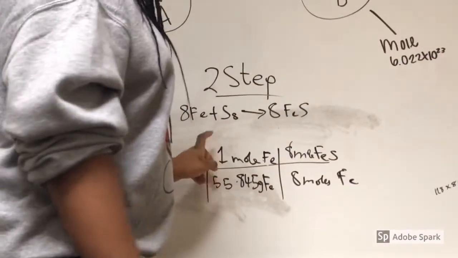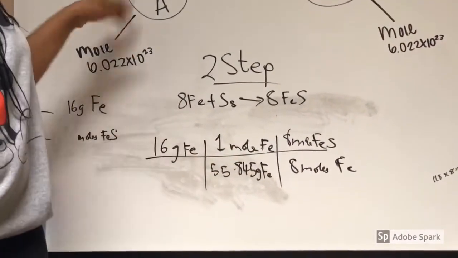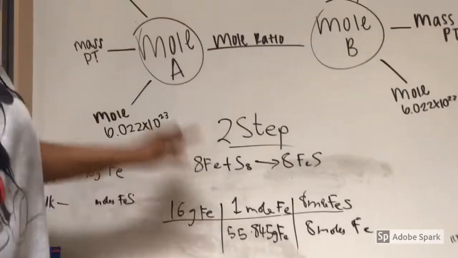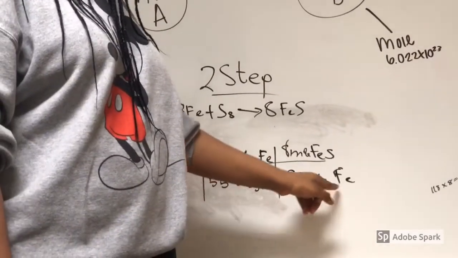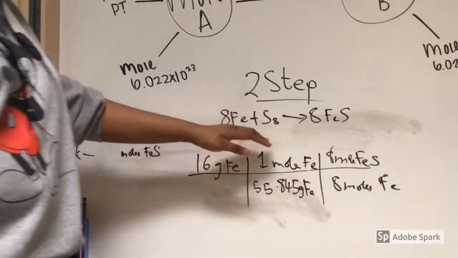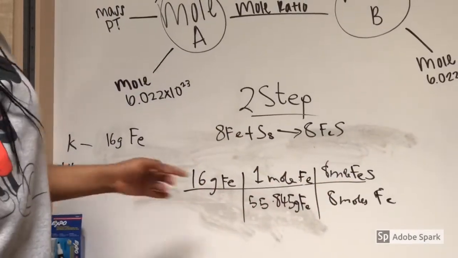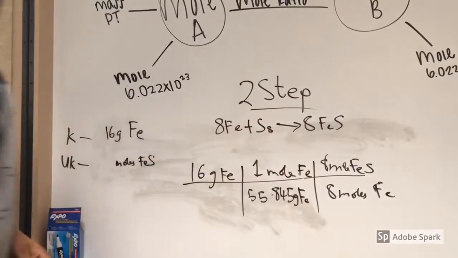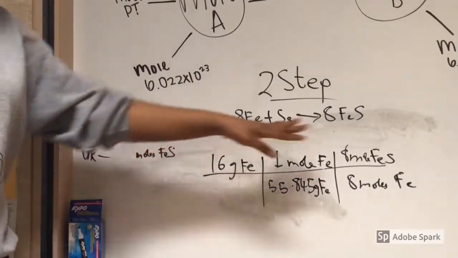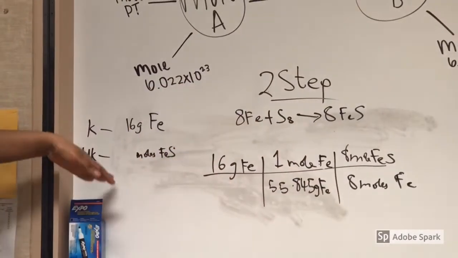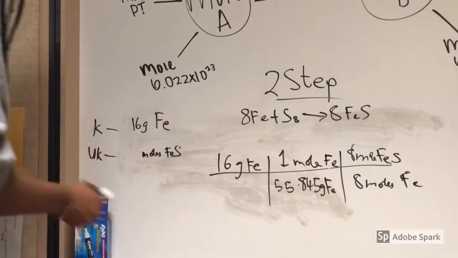On top of that is going to be 1 mole of Fe, because from grams you go straight to moles. Across from that is going to be 8 moles of Fe, which we get from the equation. And on top of that is going to be 8 moles of FeS, which is our unknown, and we also get from the equation. So when we plug all of this in, by multiplying this and dividing by this, we get our answer, which is 0.29.